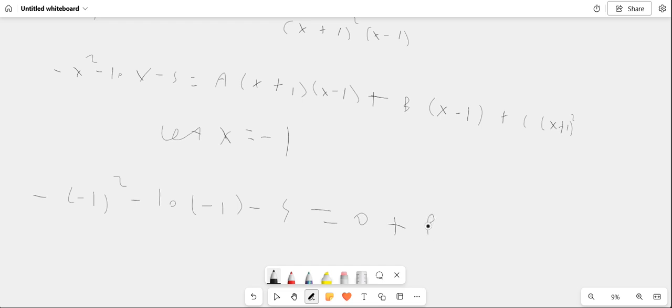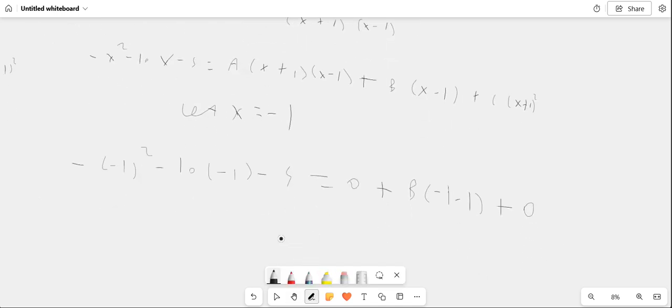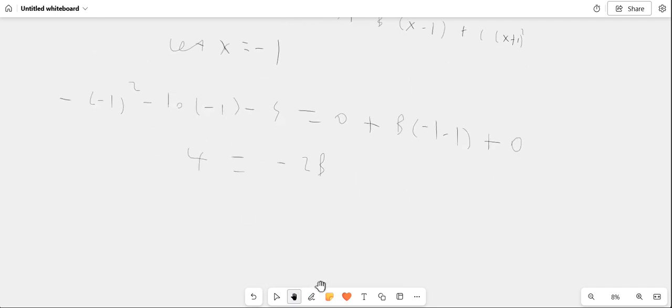So that's gonna be b open bracket minus 1 minus 1, and then plus this one has the x plus 1 bracket again, so that's minus 1 plus 1, that's 0 squared, so c is gonna go to 0 as well. So therefore now what I've got, yeah, if you simplify the left hand side, is I've got 4, and on the right hand side I've got minus 2b, yeah? So hence b is equal to what?